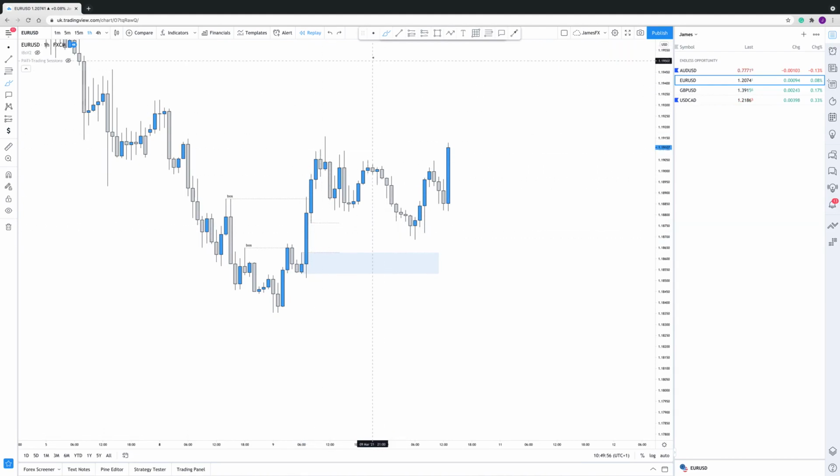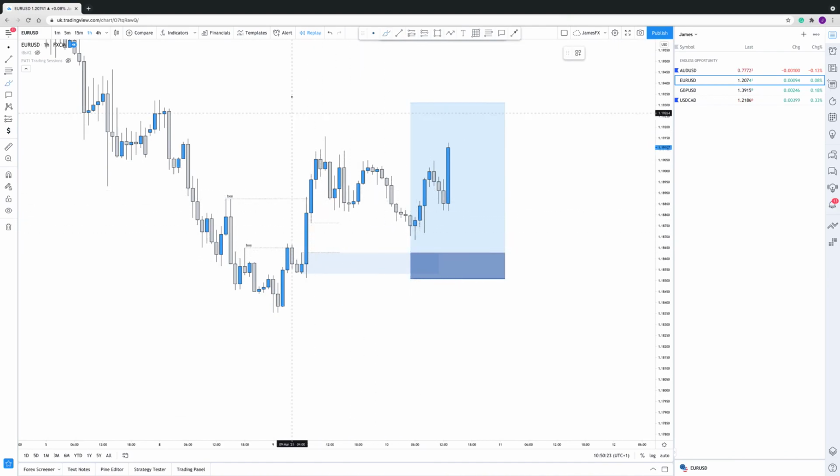So okay, we didn't get tapped in, so we could have had an order here. The order would have been set at the top of the refined order block, with the stop loss at the base of the block, or as we've learned, we have a wick here, so we can account for that wick just above. So we've got a 12 pip stop loss, and we can set this entry as soon as we've broken structure here.